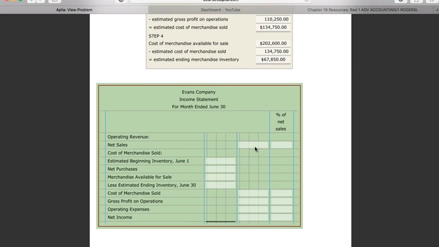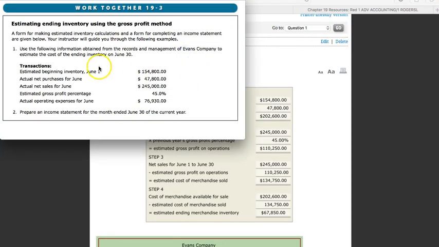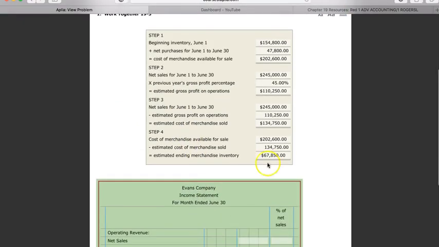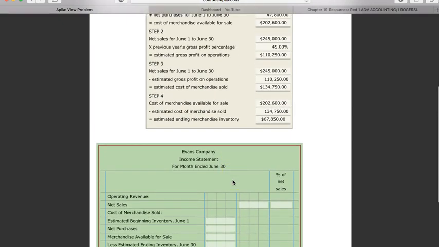So we're going to go down to our income statement now, and you'll see, let me just go back up here. Use the following information obtained from the records and management of Evans Company to estimate the cost of ending inventory on June 30th. So we went through all the steps to estimate the ending merchandise inventory right here. Now step 2 says prepare an income statement for the month ending June 30th of the current year. So that's what we're doing with these numbers here. All right, so our net sales were $245,000.